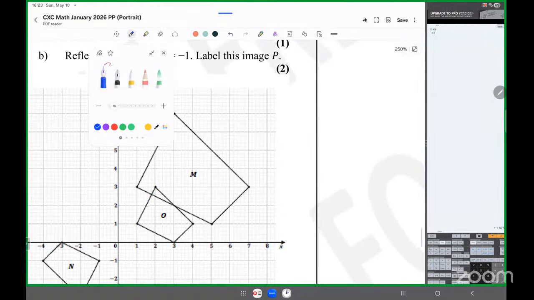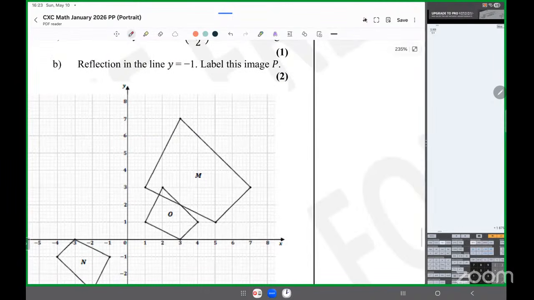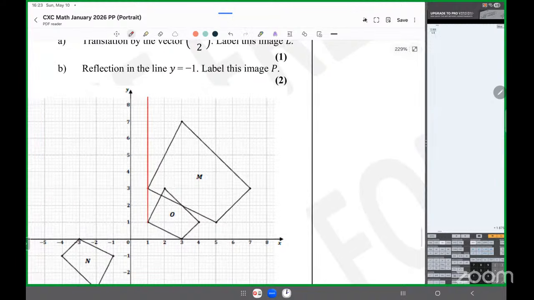The center of the enlargement is on the line joining the corresponding points. So these two points are two nice points to use. So they are on this line first. Now, because the scale factor is 2, I can know that this is the point, because the distance here is doubled to here.